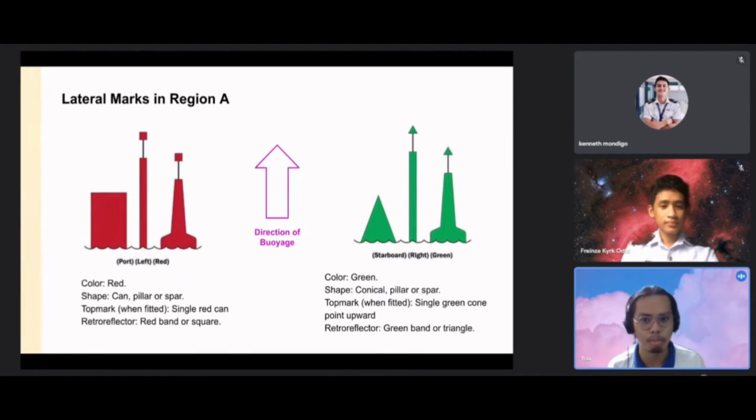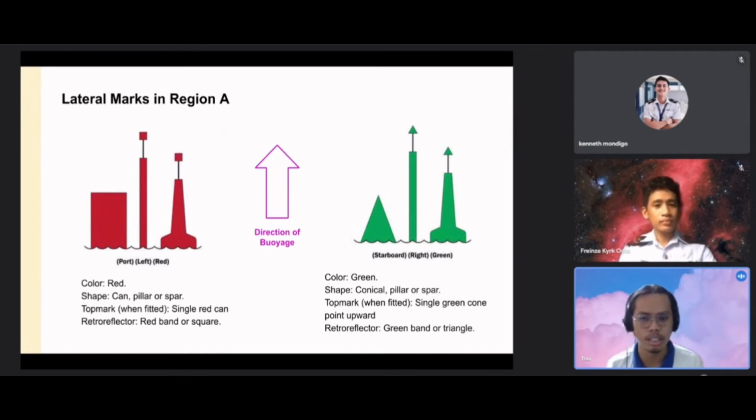Again, lateral marks in Region A. On our port or left-hand side, we have the color red with the shape of a can, a pillar, or a spar. When fitted with a top mark, it is a single red can, as you can see in the image. Its retroreflectors are a red band or square. Retroreflectors reflect light when shined upon.